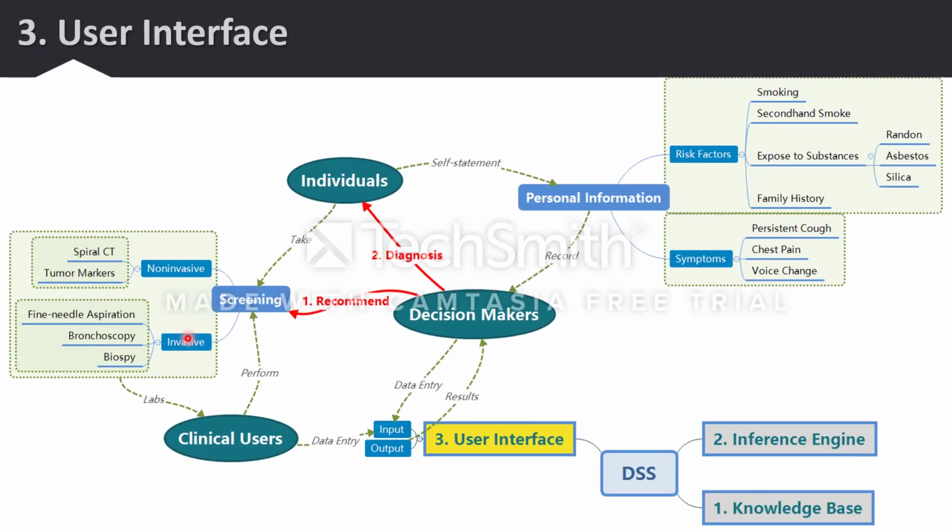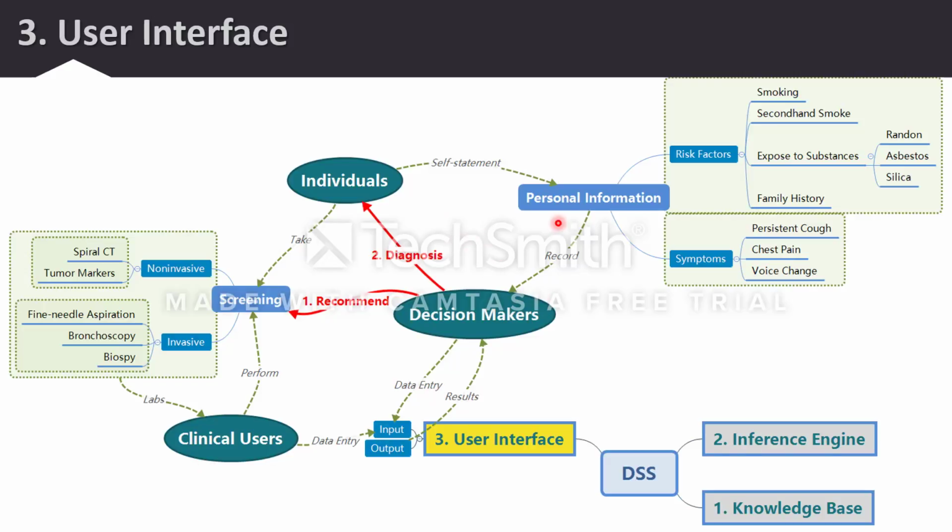The third part is the user interface. It is the main communication mechanism where decision makers and the clinical users interact with our model. The communication can be separated into two parts, one for decision makers and the other for clinical users.